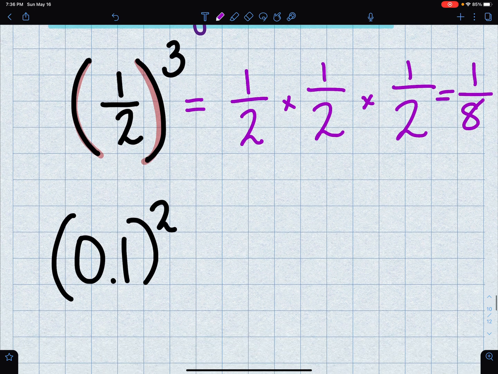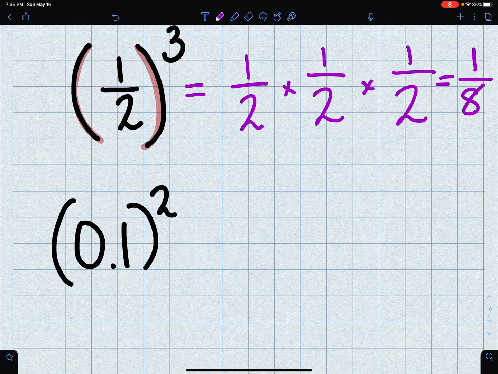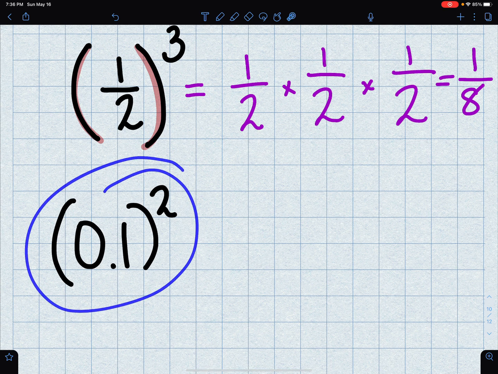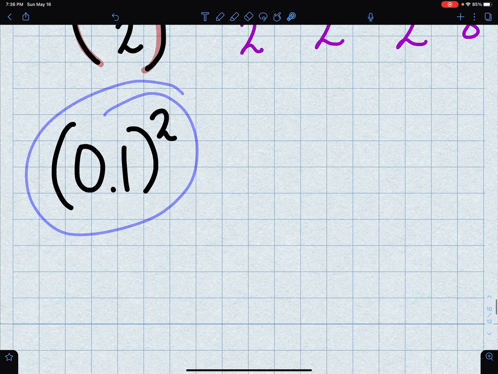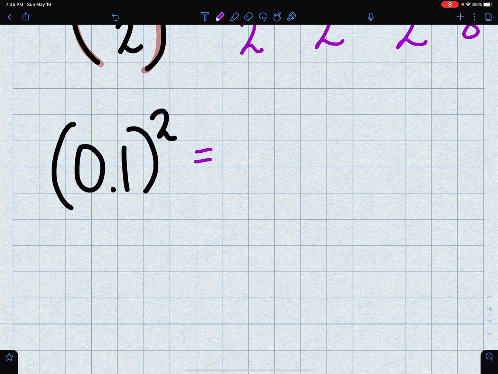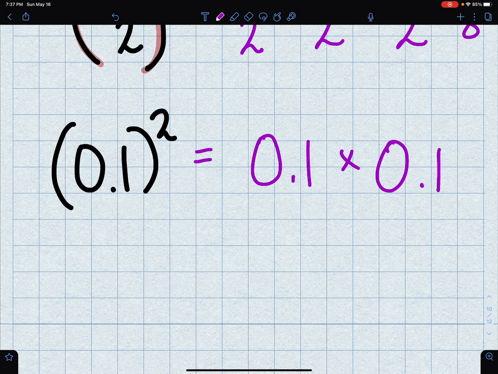Cool. Notice when you multiply by a half, you're actually getting smaller because you're cutting the thing in half every time. What about 0.1? Can you do 0.1 squared? Sure, why not? That would mean 0.1 times 0.1. You could put that in your calculator, but it's basically a tenth, doing a tenth of it each time.